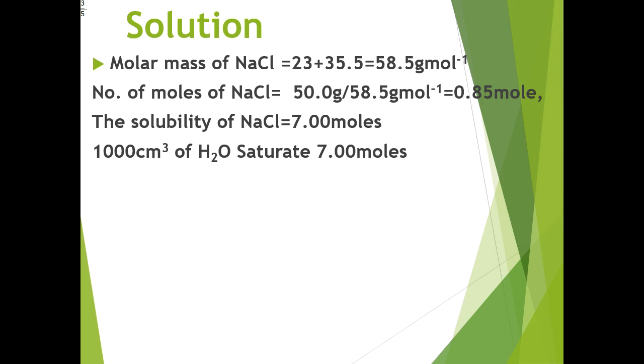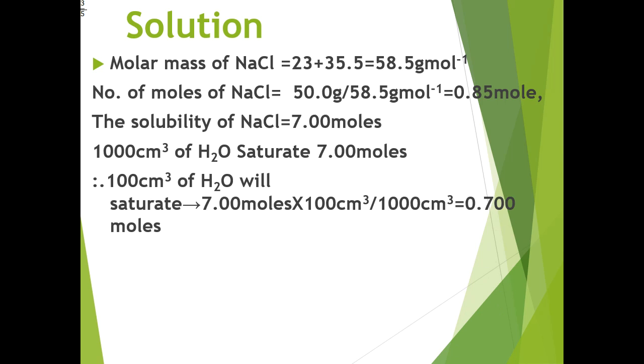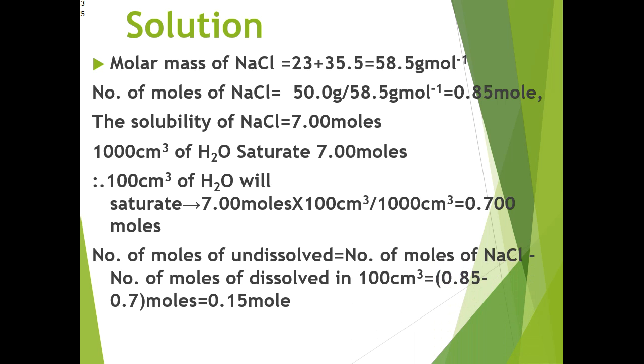Therefore, 100 cm³ of water will saturate 7.00 times 100 divided by 1000 cm³, and it will give you 0.700 moles.